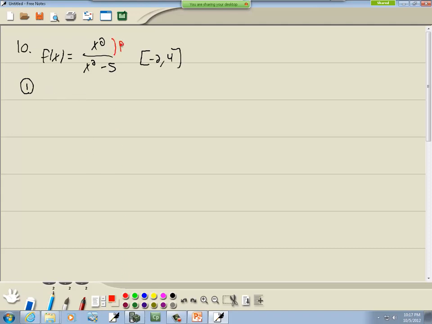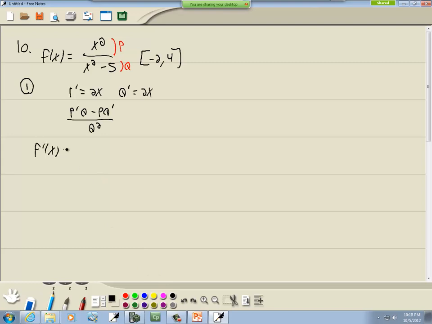Well, this would be the quotient rule. This is P and this is Q. P prime would equal 2x and Q prime would equal 2x. Our formula is P prime Q minus P Q prime over Q squared.